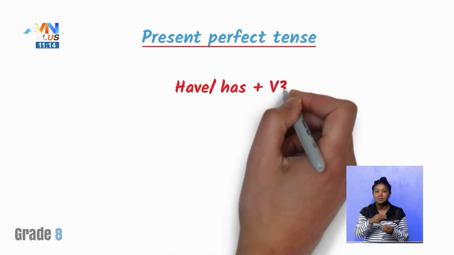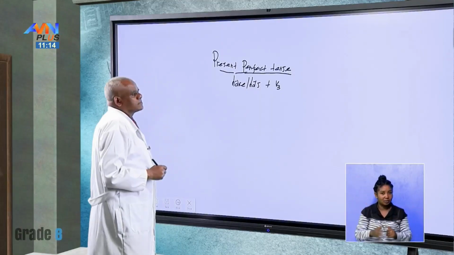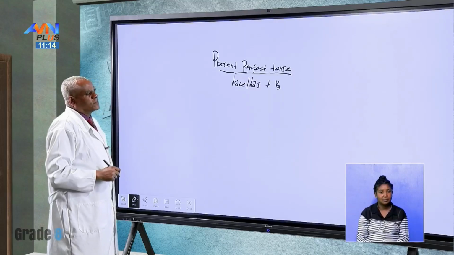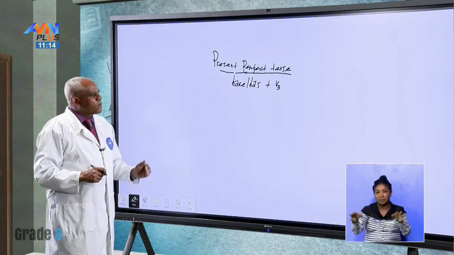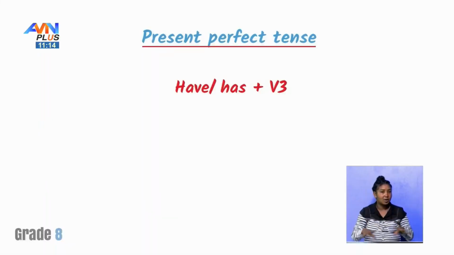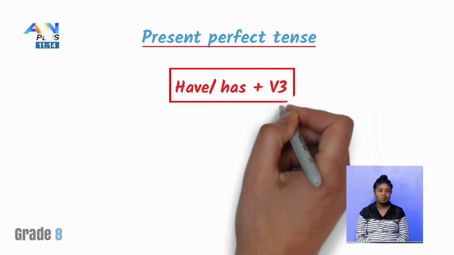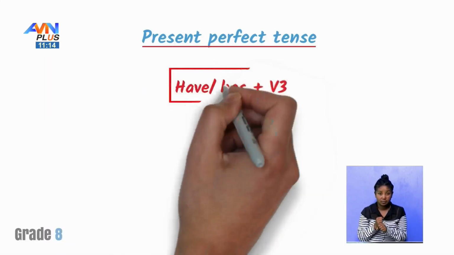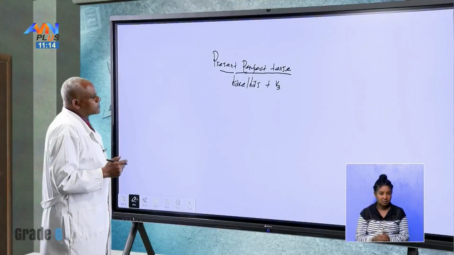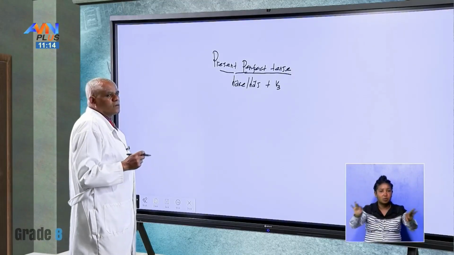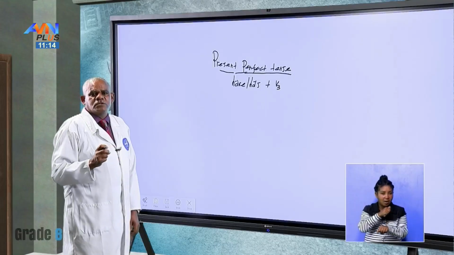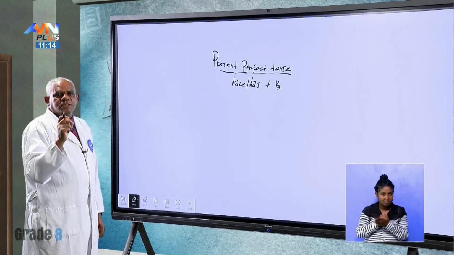This verb form is very important, and it depends on the sentence. Therefore, have and has are very important forms in order to make the present perfect tense. Therefore, I would like to mention some important time adverbs to help us with the present perfect tense.